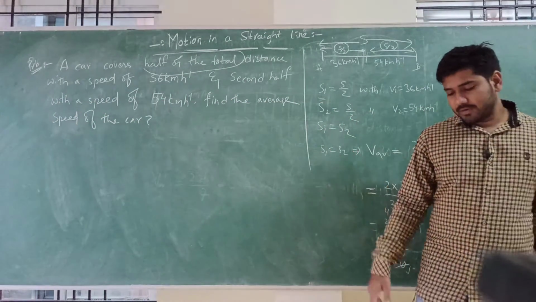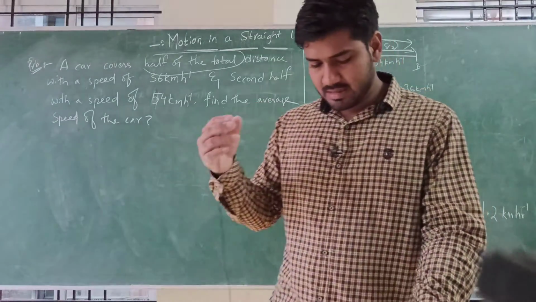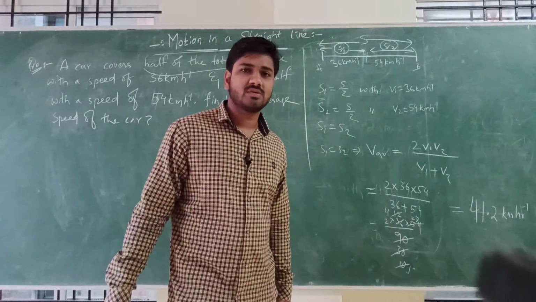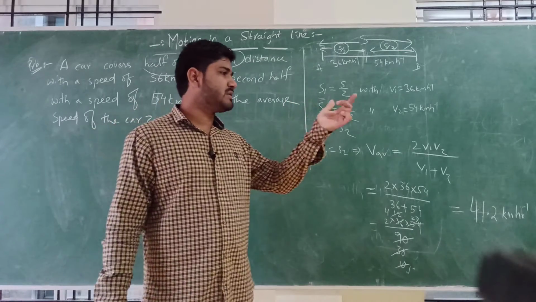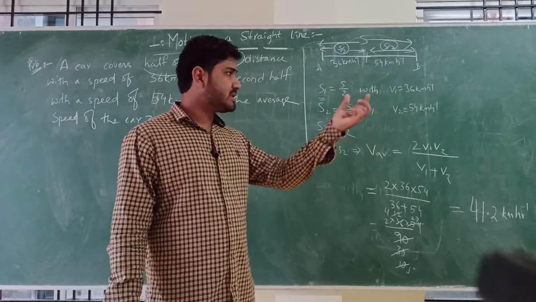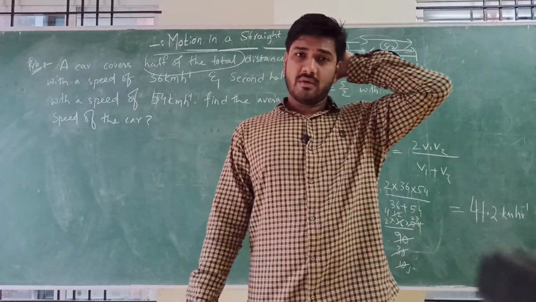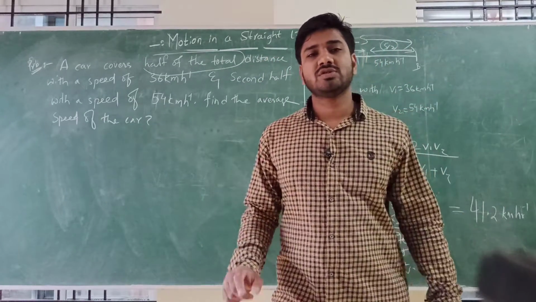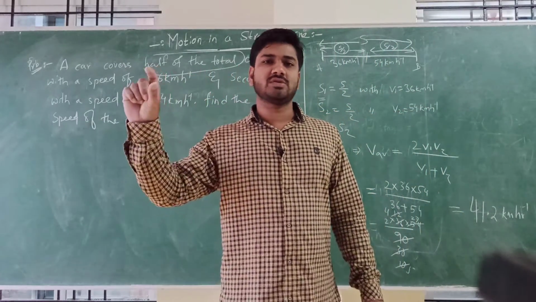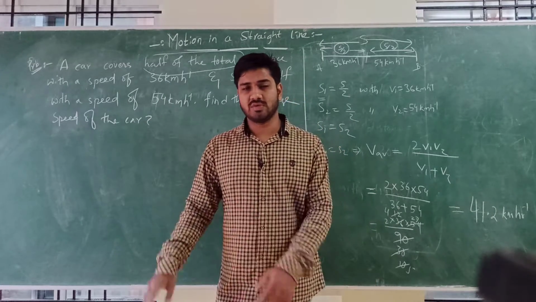Remember these two formulas. Suppose a body is traveling a distance S1 with speed V1 and S2 with speed V2, then directly write the formula: average speed is equal to S1 plus S2 divided by S1 by V1 plus S2 by V2. Okay, this is one formula.